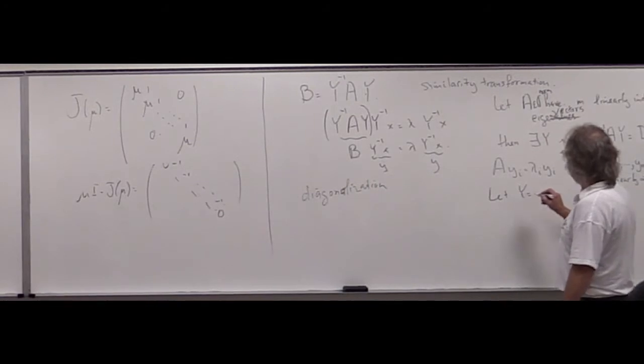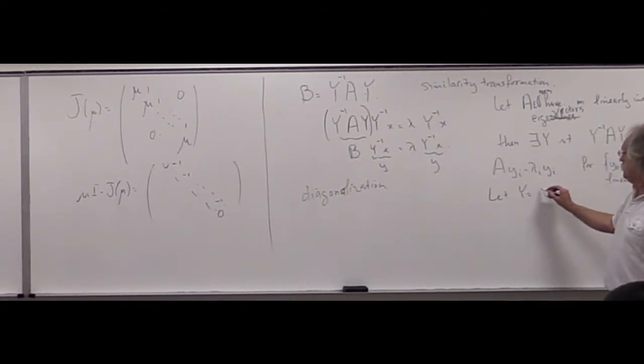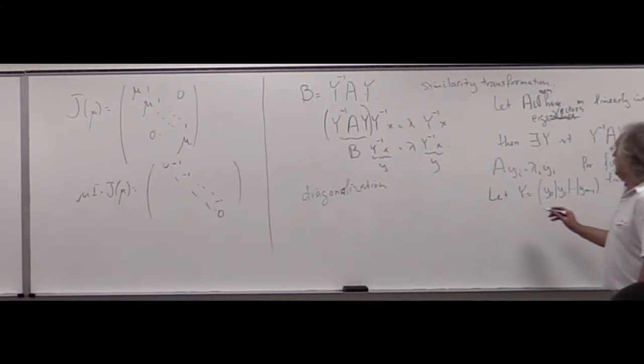Let Y be equal to the matrix that has these vectors as its columns. What do we know about Y? We know it's square. And we know that it can be inverted because it has linearly independent columns. That's something you learned in undergraduate linear algebra.